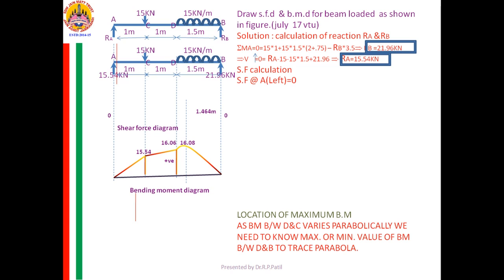Right part or left part says which part I am taking for the calculation. As the basic definition of shear force, total of vertical forces on the left part or the right part. You can do any part for calculation.